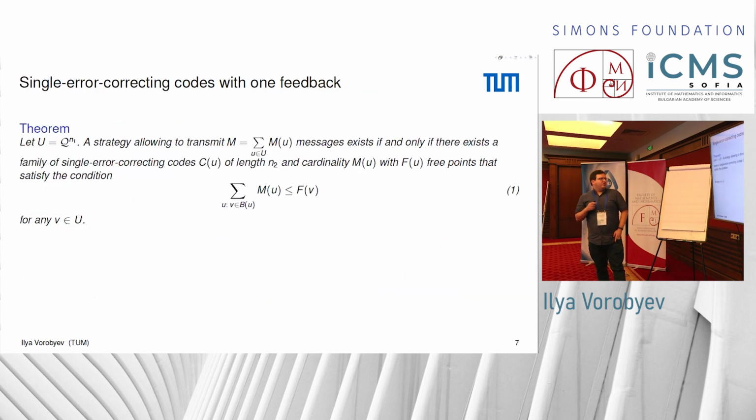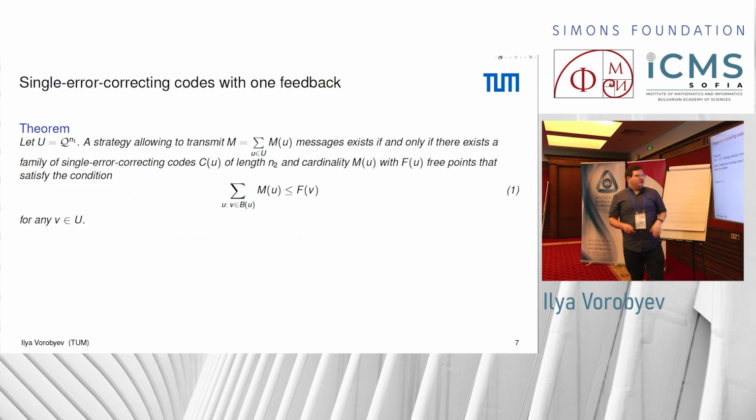Okay, so now we formulate the theorem. Let's say we have some alphabet Q and some channel. It can actually be an arbitrary channel, but let's think about the symmetric channel.